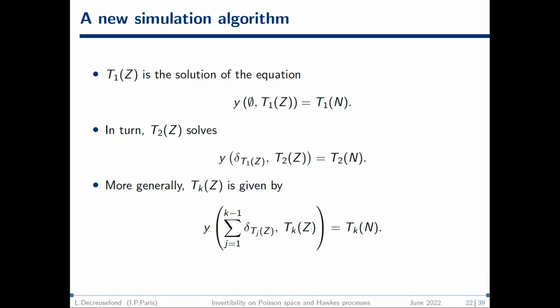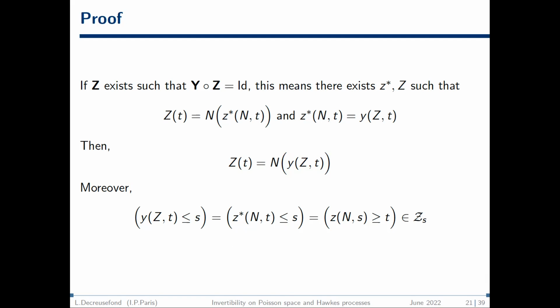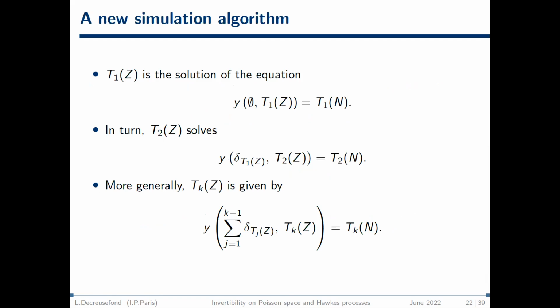Because if you look at this identity, what does that mean? That means that suppose that z exists. As long as you don't have a jump of z, this is y z of 0. Okay, so you have something like this.